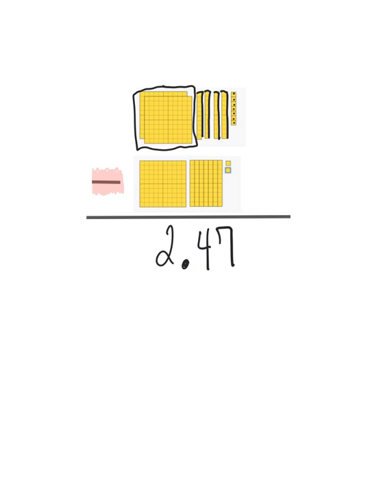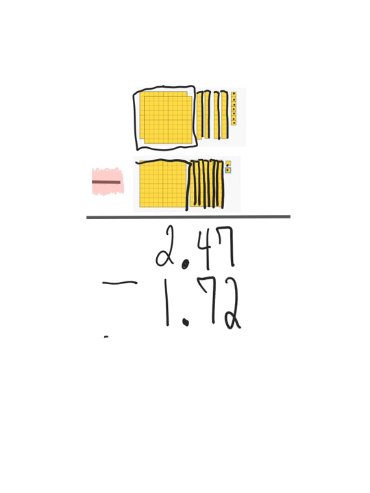So we've got 2 and 47 hundredths minus 1 whole and 1/10, 2/10, 3/10, 4/10, 5/10, 6/10, 7/10, and 2 hundredths.